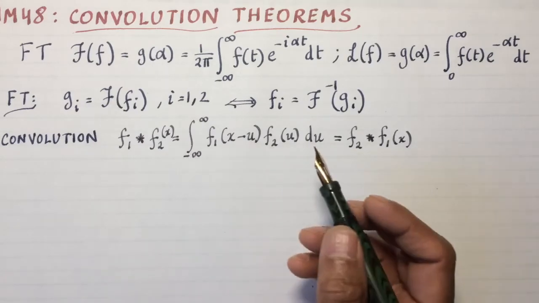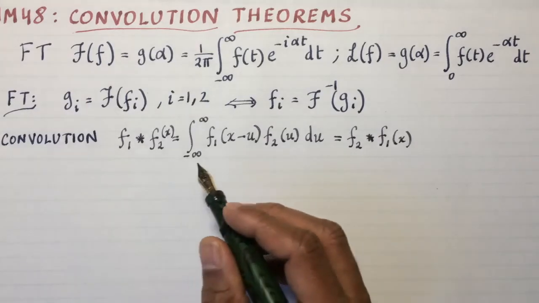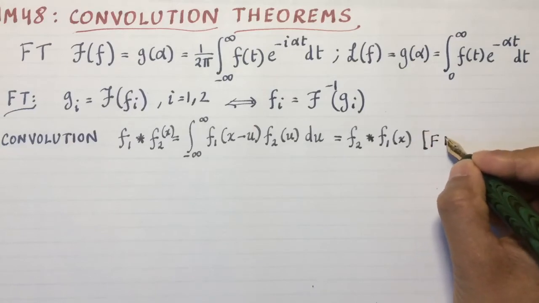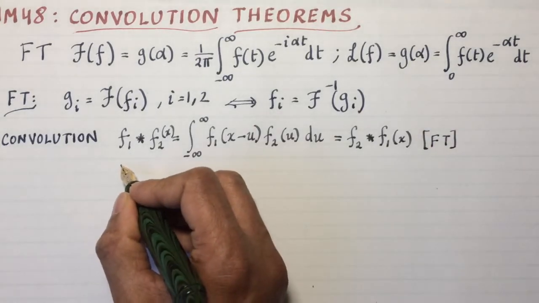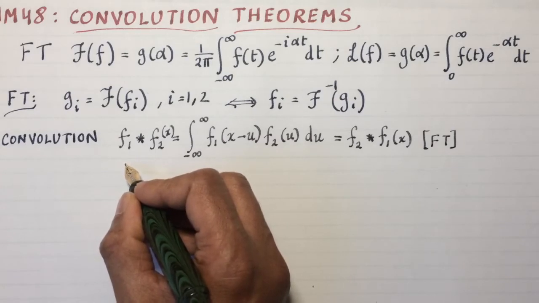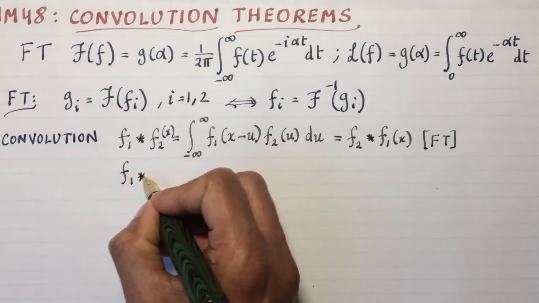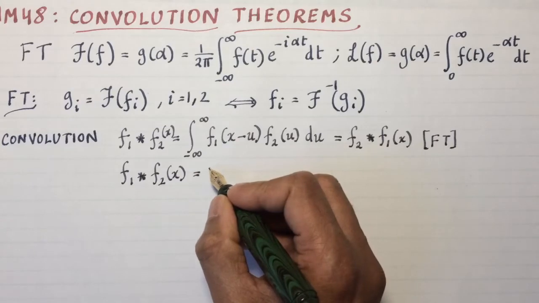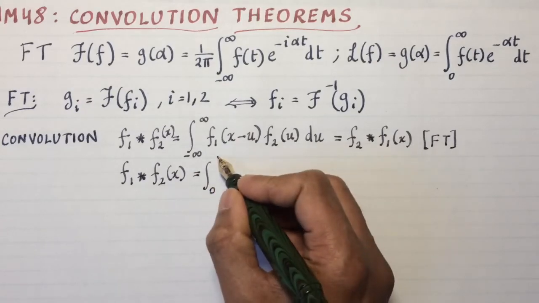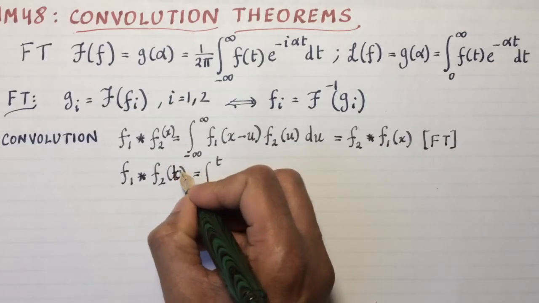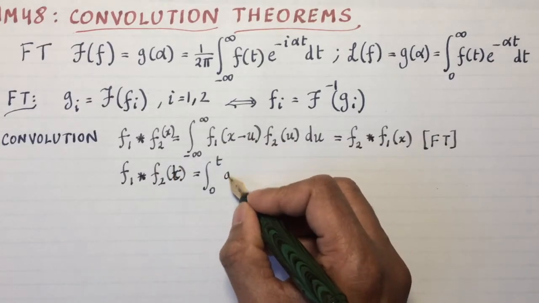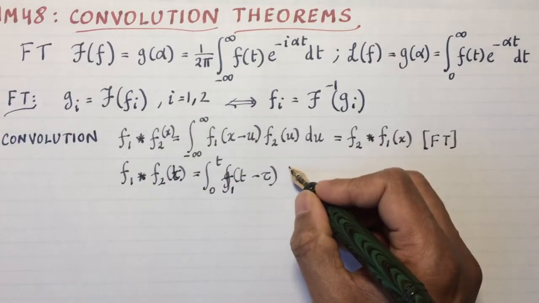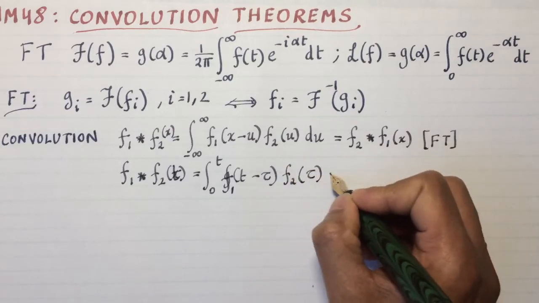Now, why is this convolution even important? By the way, for the Laplace transform, you have a similar definition. So that was the convolution operator for a Fourier transform. For a Laplace transform, f1 convolved with f2 is going to be the integral from 0 to t, so that's going to be a function of t, of f1 of t minus tau times f2 of tau, d tau.